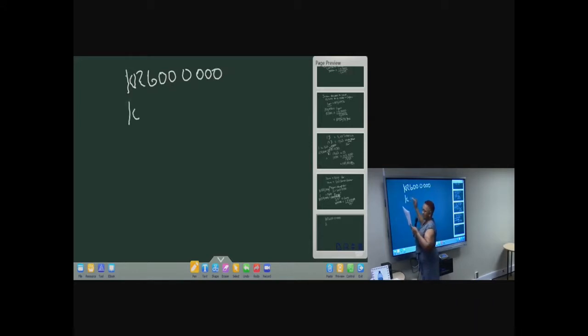The first deduction is 229,760. The second deduction is 48,000 krone. And the third one is 37,200 krone.